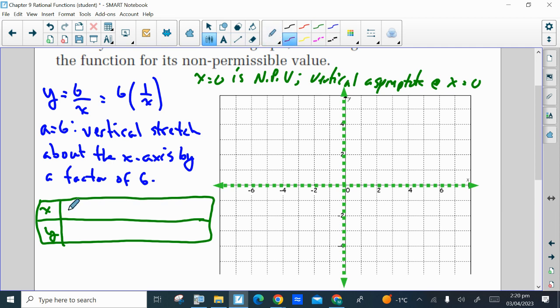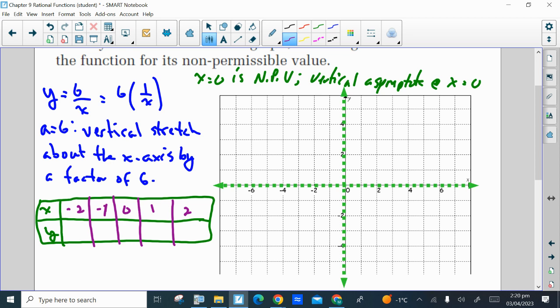So like we did before, I can use some values. Let's go -2, -1, 0, 1, and 2. We kind of know what the graph's going to look like. This is just going to give us some points that we can put on our graph.